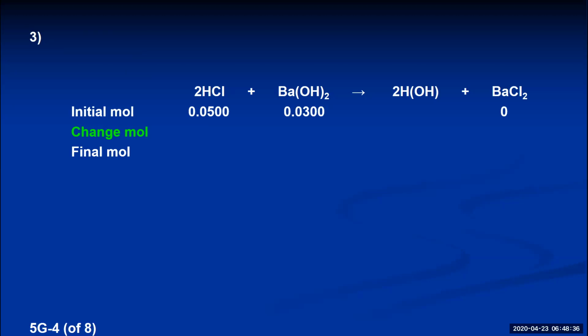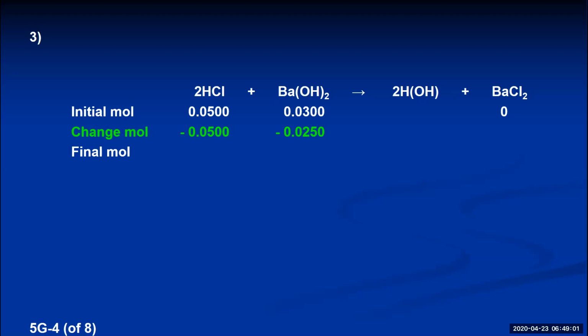One of these has to be the limiting reactant. If the hydrochloric acid all reacts away and it reacts in a 1:2 ratio with the barium hydroxide, well, a 1:2 ratio would be 0.0500 to 0.0250. And because that's less than 0.0300, we wind up getting a positive number. We've picked the correct reactant to be the limiting reactant.